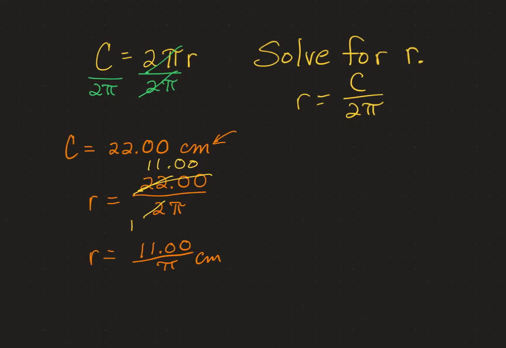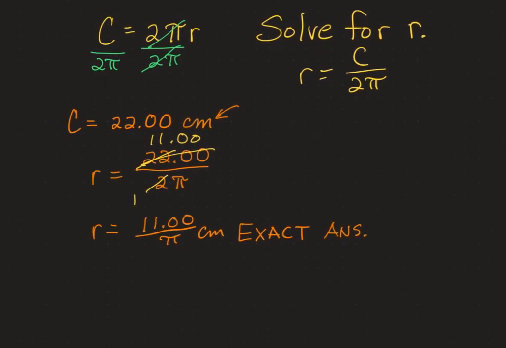That is an exact answer. All right? But in the real world, you usually have to go and measure something. So you're going to have to approximate the answer based upon the precision of your measuring instrument.